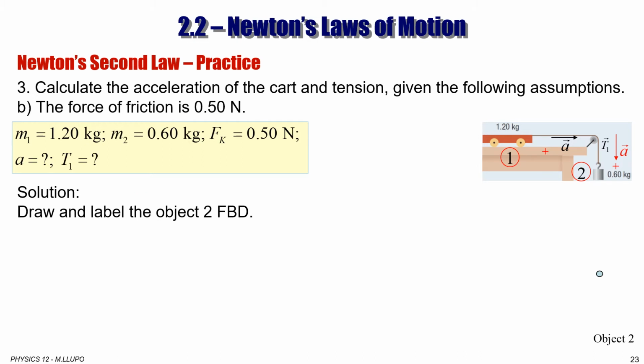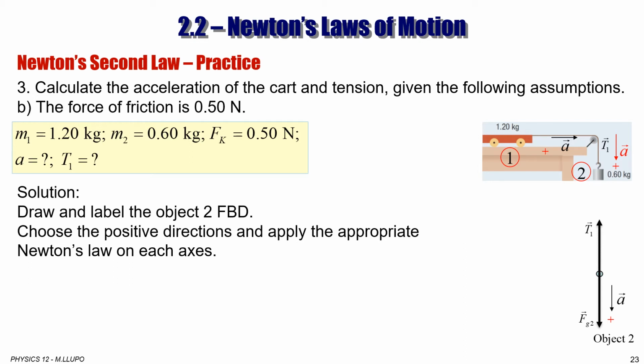We do pretty much the same way. This object is not affected by friction at all, so everything that we did at A, it's at B as well. So Fg2, T1, direction of motion is down. That will be a positive direction.